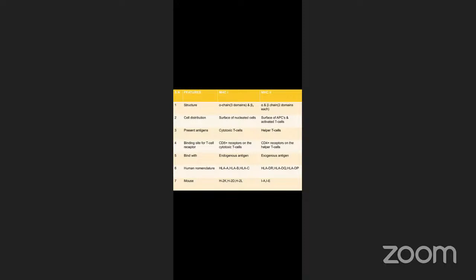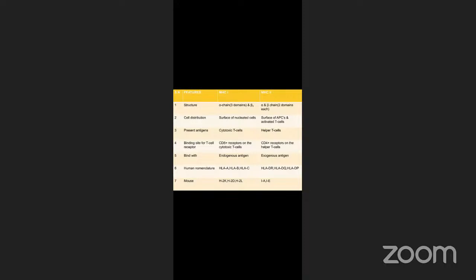Whenever endogenous antigens are produced in our body, especially by bacteria and viruses, like toxins of the bacteria or virus, these antigens are expressed on the surface of the infected cell with the help of MHC molecule 1 always. Exogenous antigens are processed and presented by MHC 2 molecules.